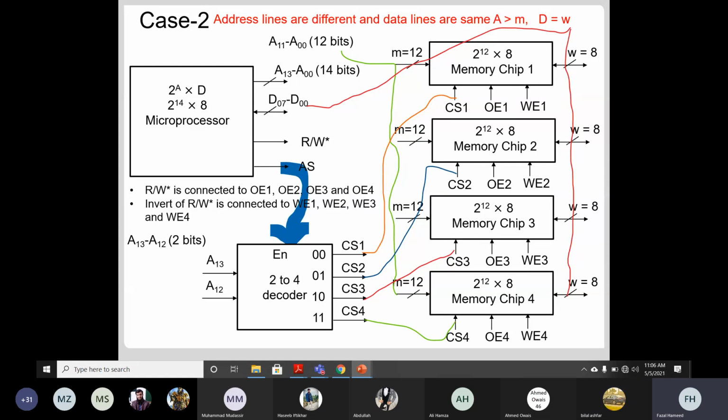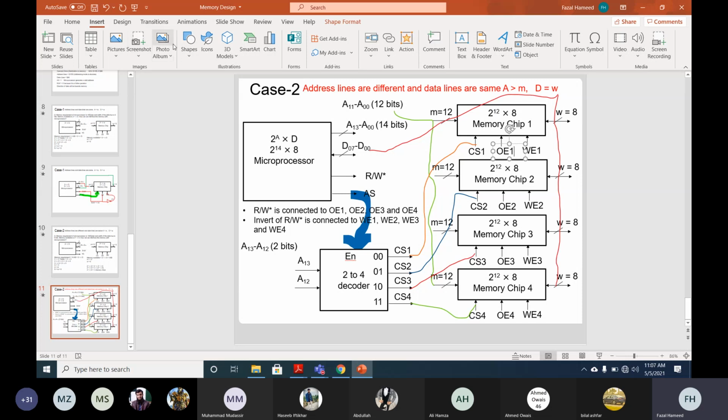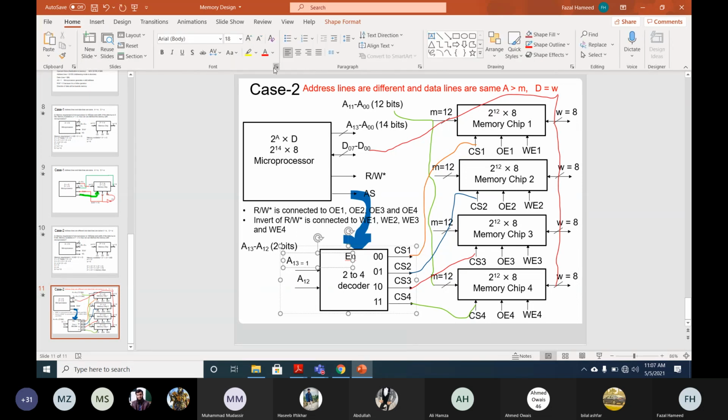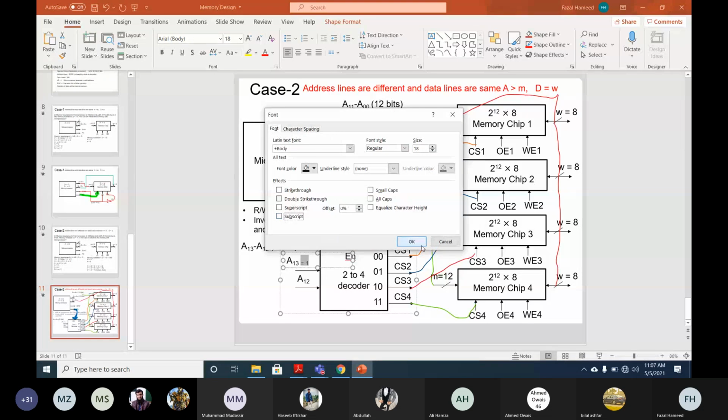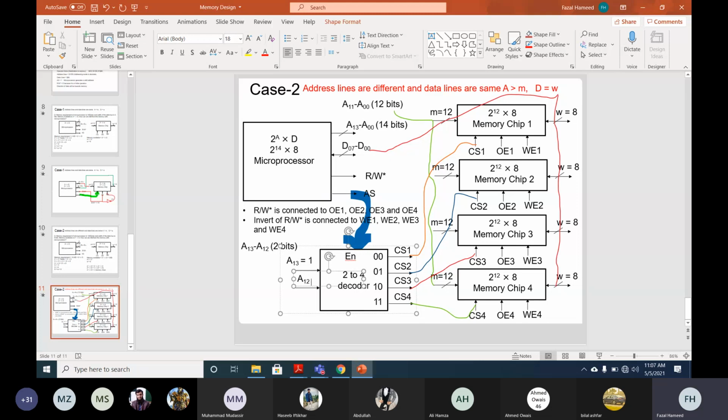Let's assume a scenario when A13 is 1 and A12 is 0.